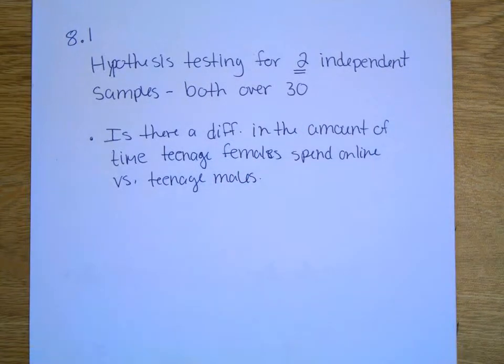Our 2 populations are teenage females and teenage males, and we would take samples from each and look at the average amount of time. They're probably not going to come out identical, but is the difference significant? That's the kind of hypothesis testing we're going to be doing.